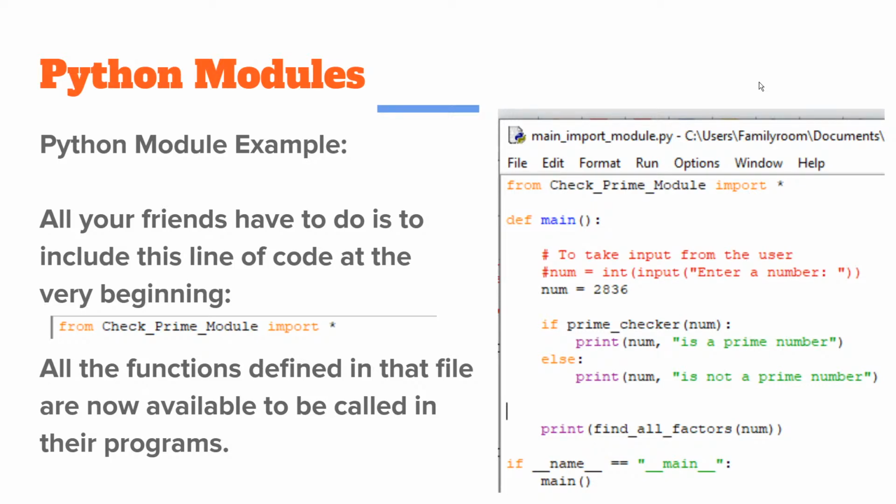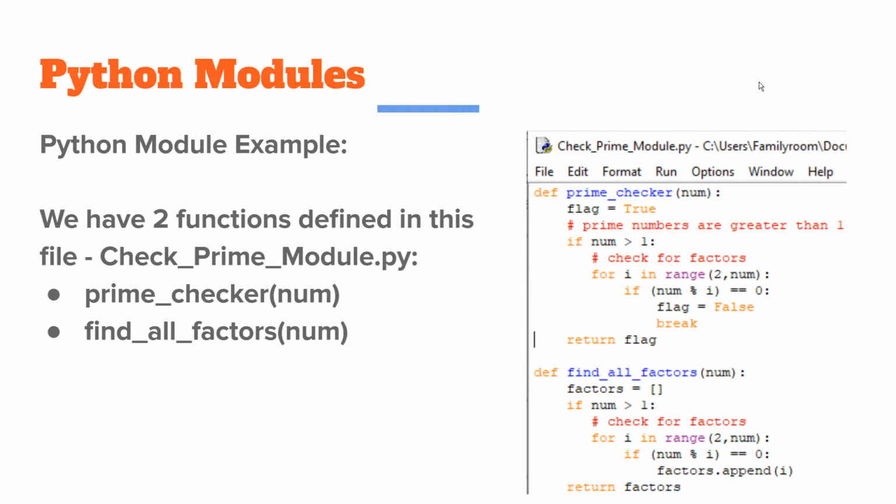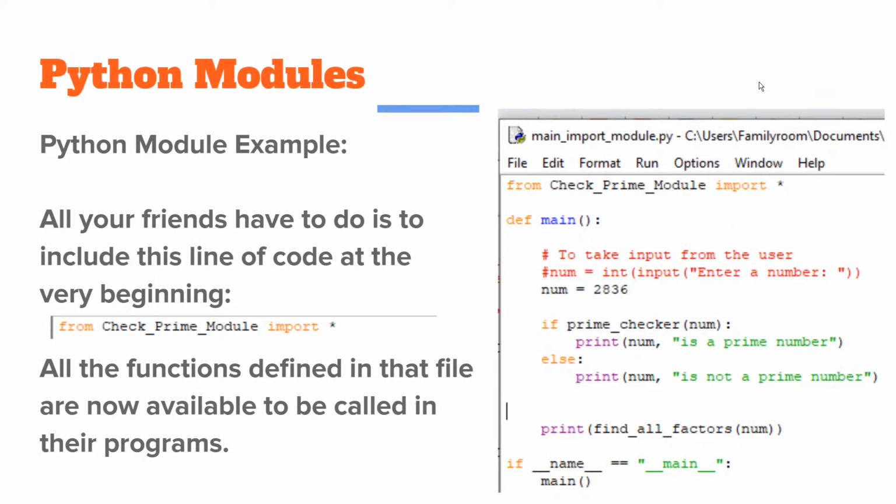So we have from. What from means is this is your base file, the file that you're importing from. We also have the file name, checkPrimeModule, which is your second word. Your third one is import. What import means is that everything inside that file, you want to bring into this file.